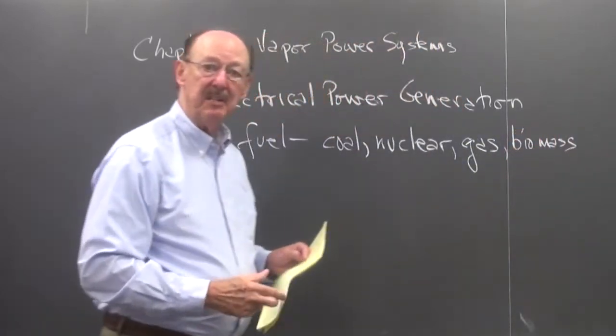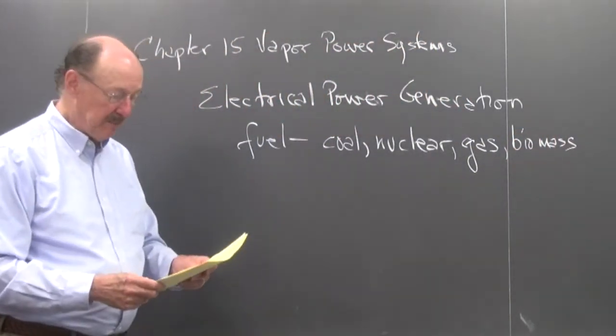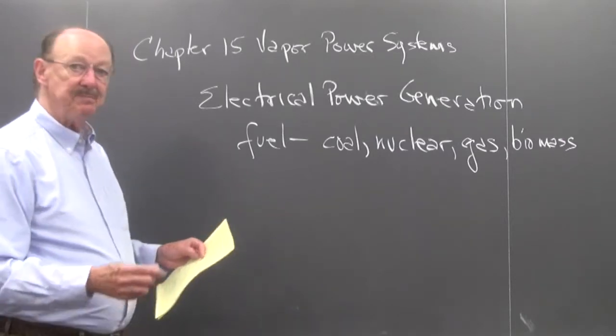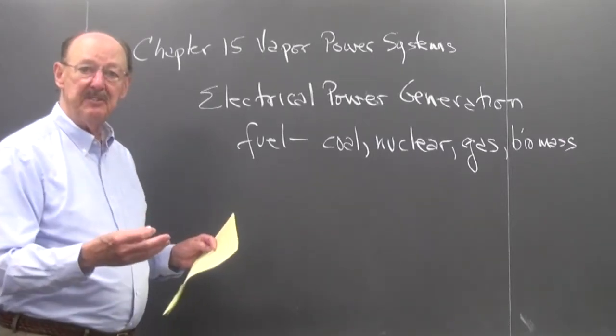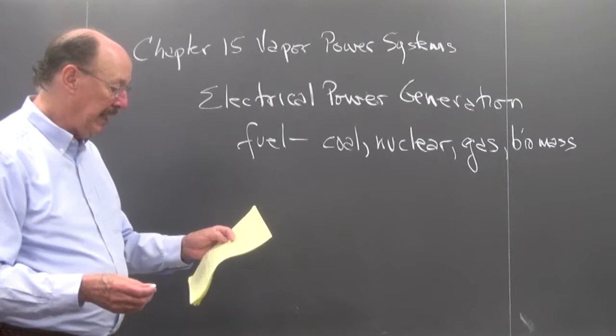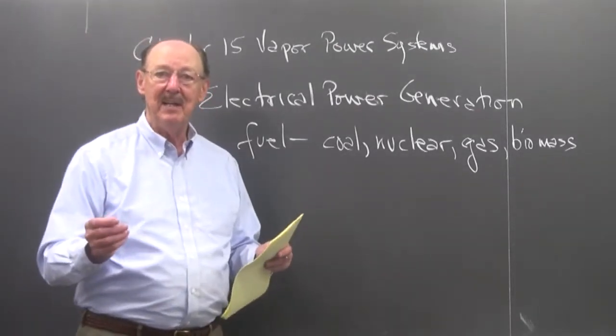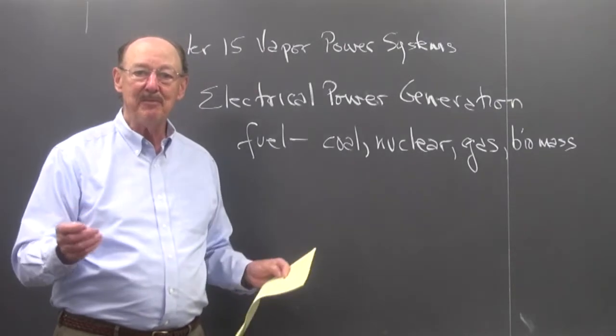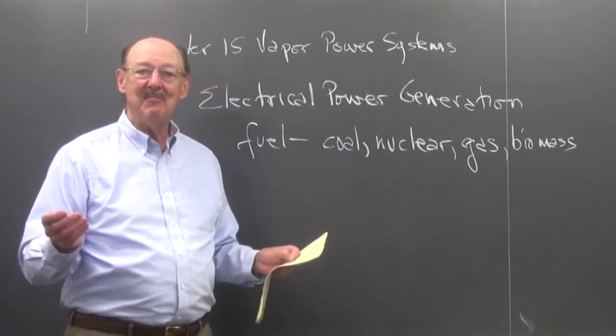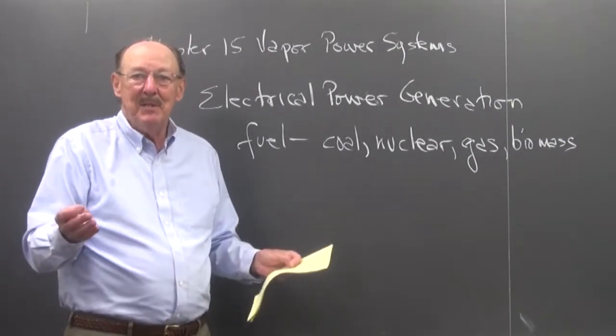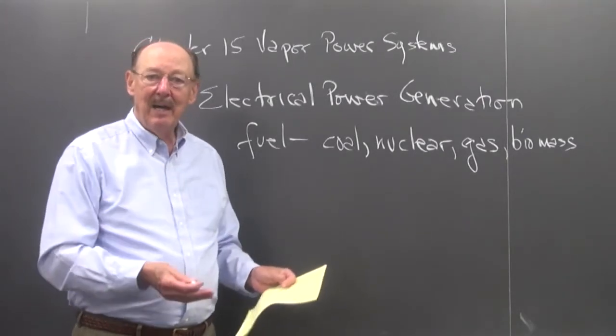So biomass can be typically trees, but it can be other things. And the advances in nuclear power now are really in ships, submarines. If you think about a submarine, how does it stay under the water for 90 days? It has to have nuclear power, so it doesn't come up. So it can travel underwater.